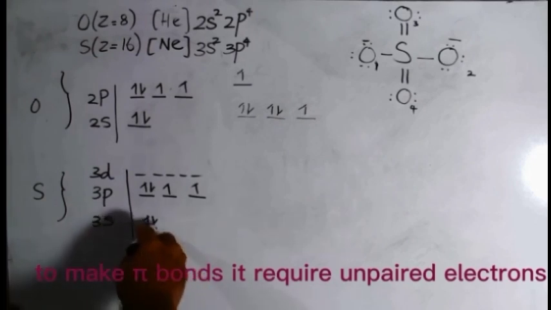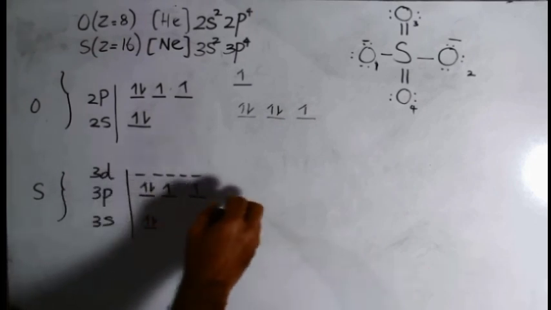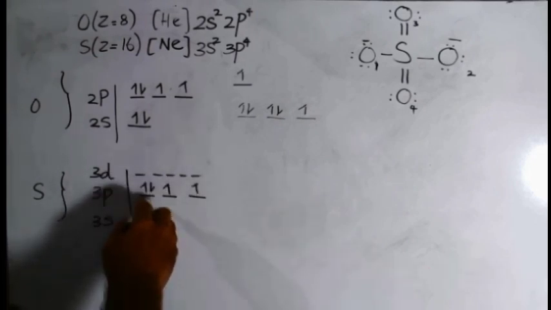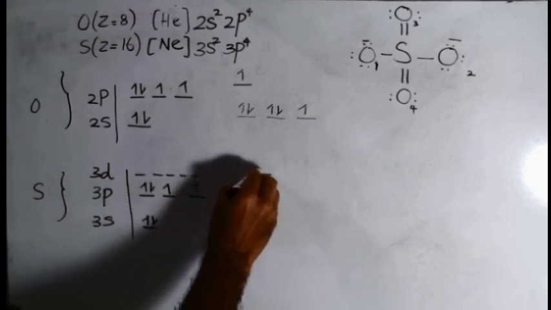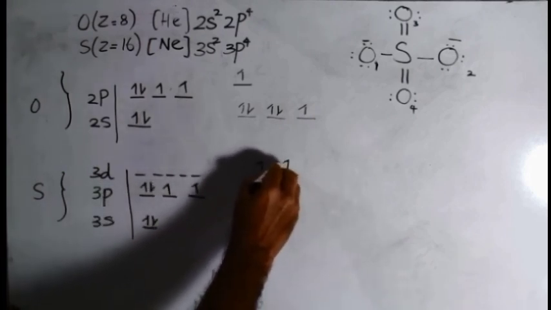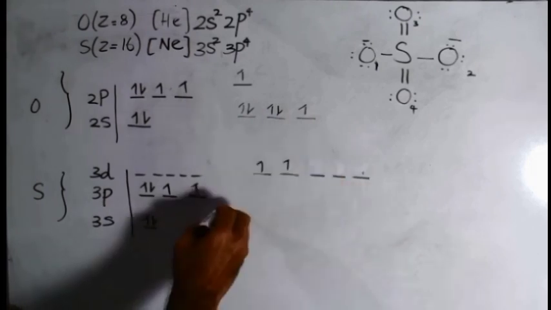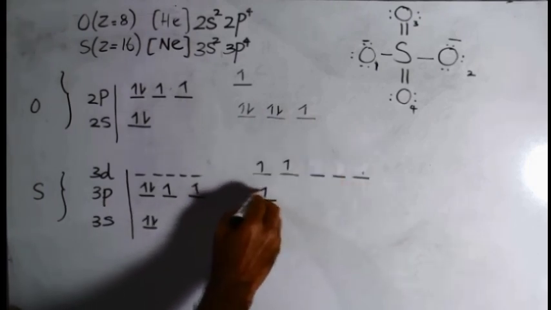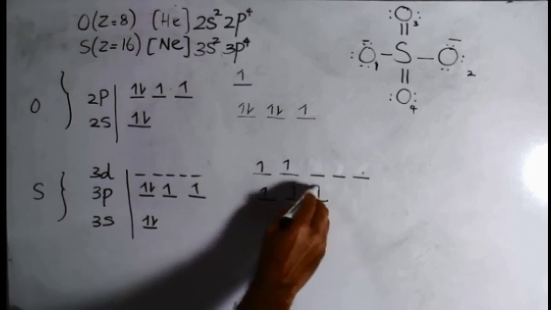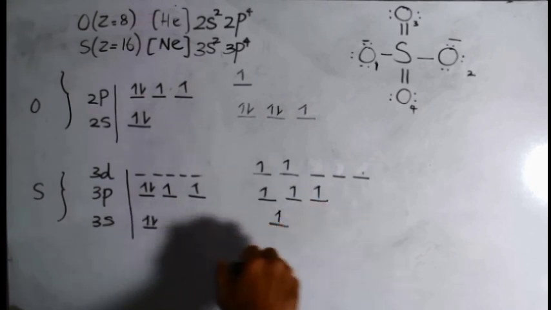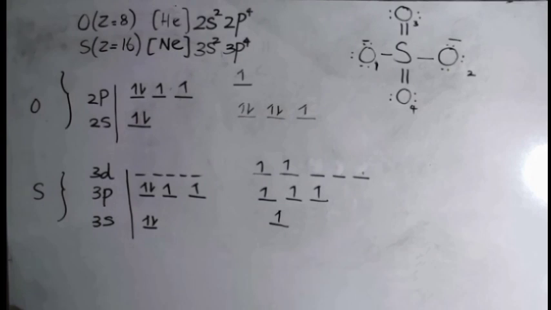So we can take 2 electrons from this coupled electron, making 2 electrons, and then we remain like this. So we have to have 4 hybridized orbitals.